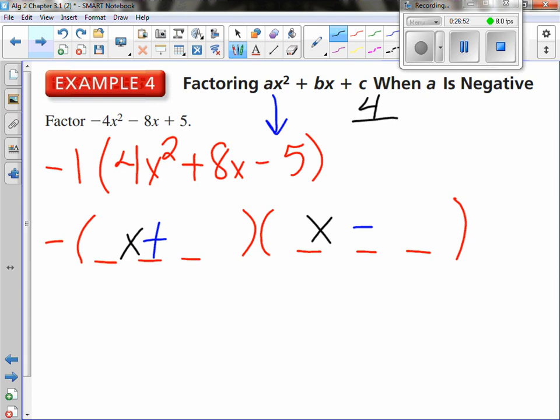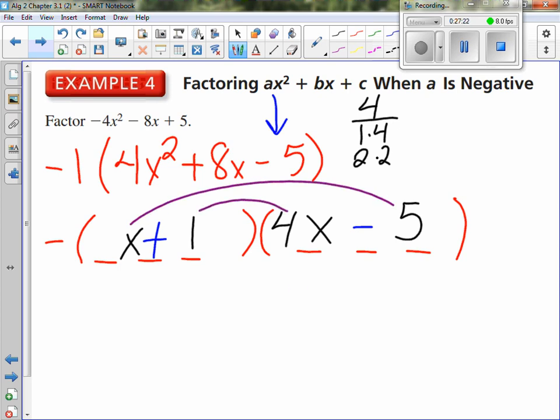Factors of 4, 1 and 4 and 2 and 2. Well, 5 is 1 and 5, yes? 1 and 5. So do we want to use 1 and 4 or 2 and 2? 1 and 4. So let's check it.